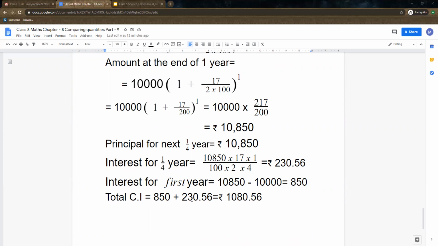So the interest for the first year equals 10,850 minus 10,000 equals 850. And the interest for the 1/4 year we already got, 230.56. So the total compound interest equals the interest of the first year 850 plus the interest for the 1/4 year 230.56. Adding both, we get 1080.56. So this is the total compound interest for 1 year 3 months.